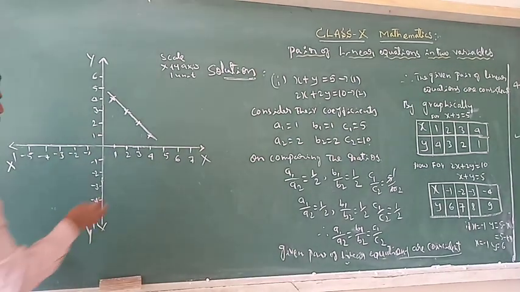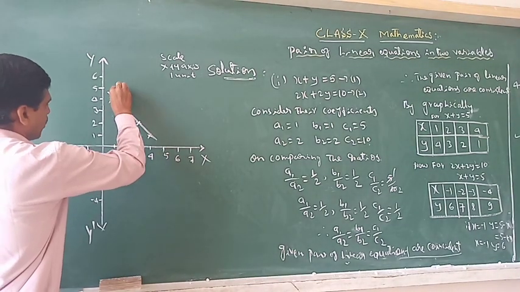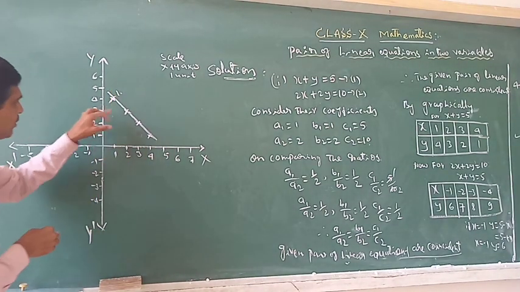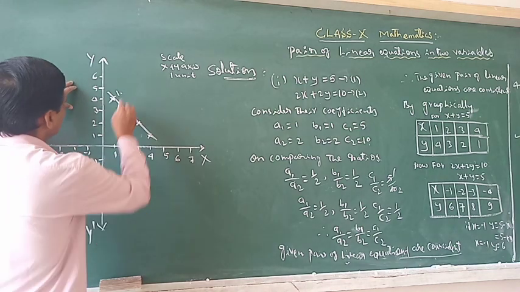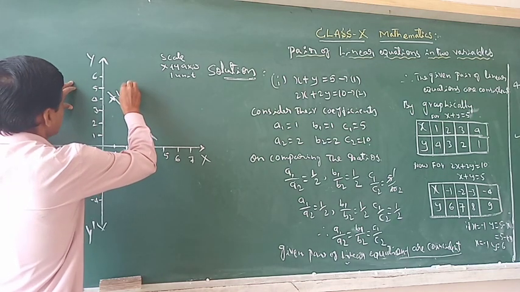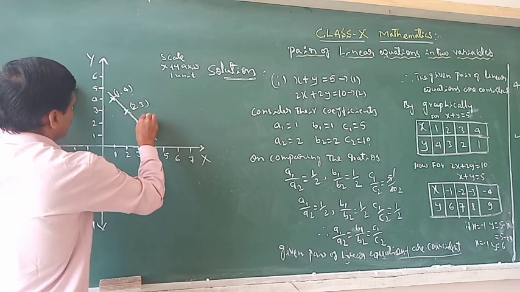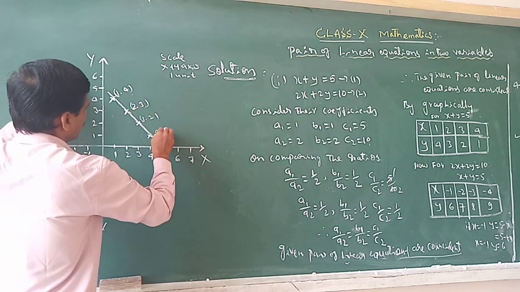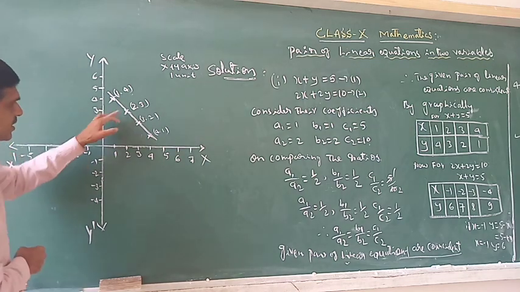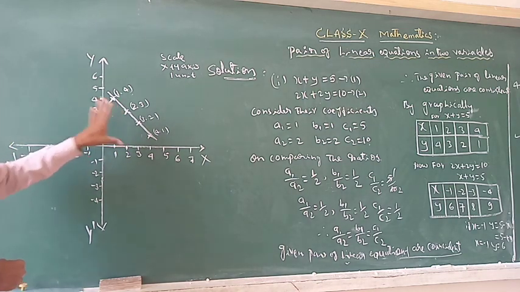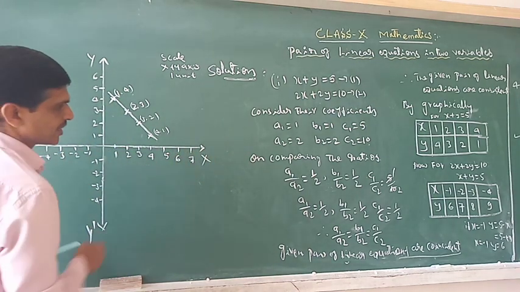Now suppose you want to write the coordinate points like this: 1 and 4, 2 and 3, next one 3 and 2, next 4 and 1. So which equation is it? It is x plus y is equal to 5. First equation. The same way I represent the second one.